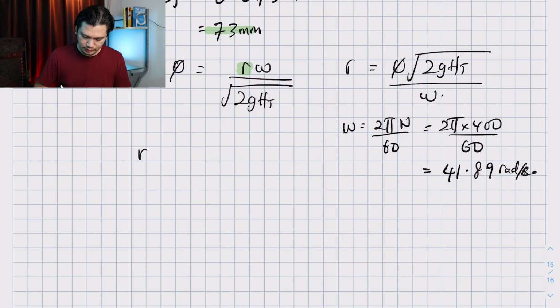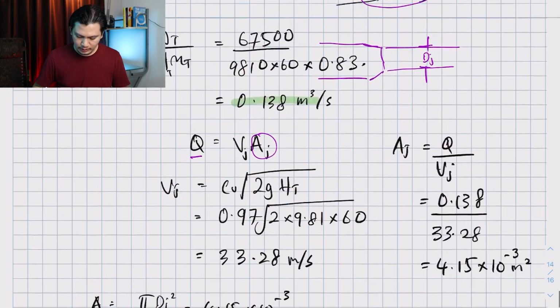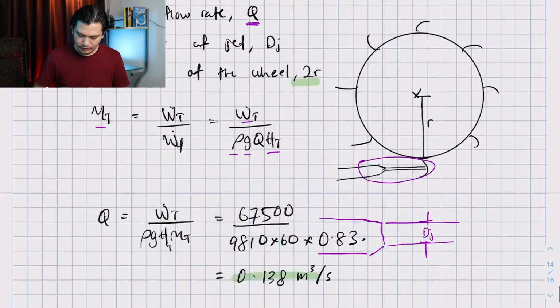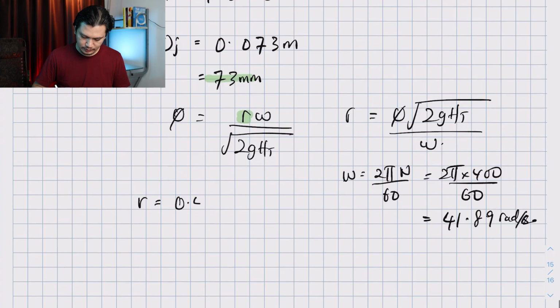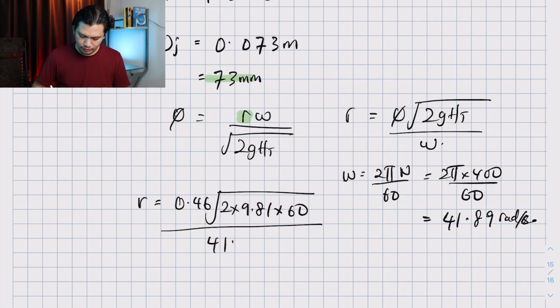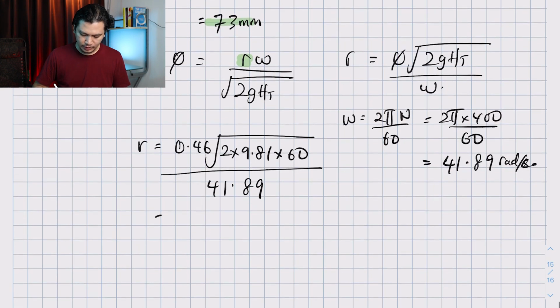So r is going to be phi, which is 0.46, times square root of 2 times 9.81 times, I believe ht is 60, divided by 41.89. So you end up with r equal to 0.377 meter. Okay, or this is 377 millimeter.